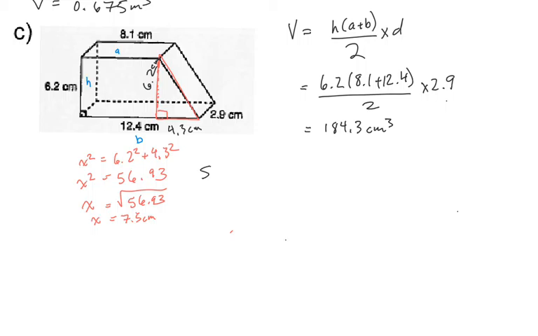So the surface area of the prism is going to equal the two trapezoids plus the bottom, which is this whole bit here, plus the left side, plus the top, plus the slanted edge.